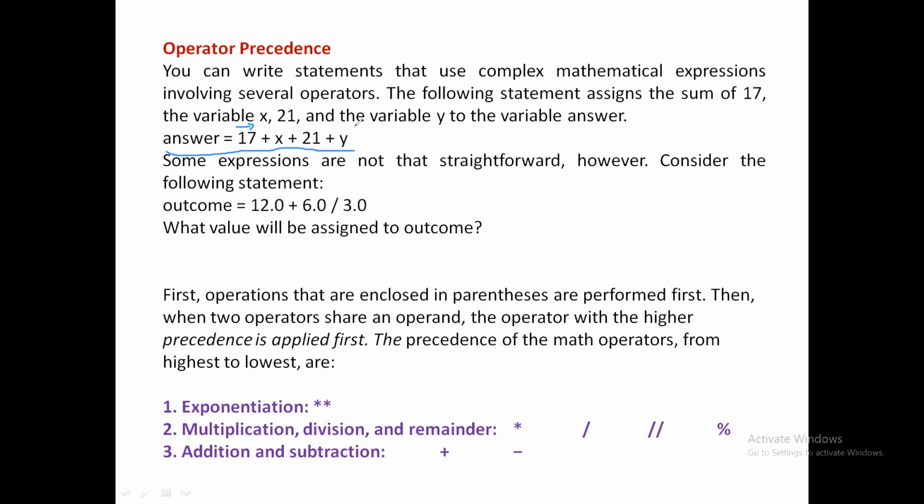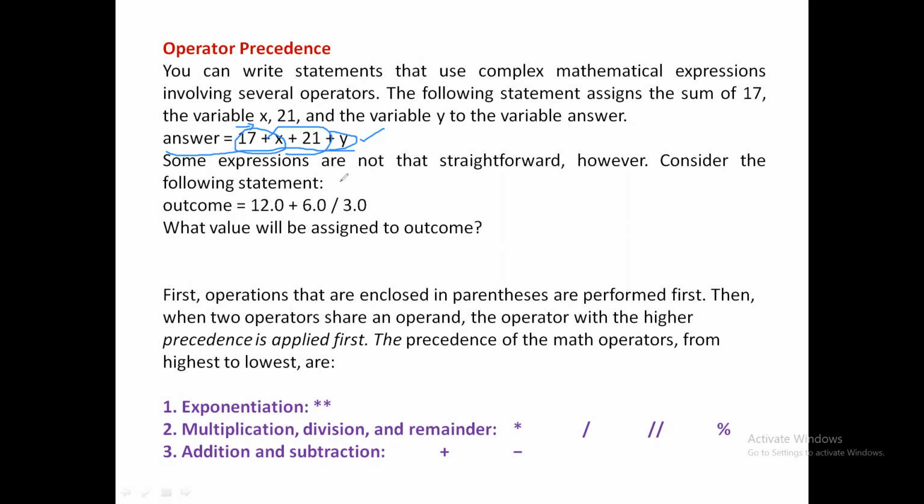That means 17 plus x, and then this result is added with 21, and then the corresponding result is added with y. Because it involves the same operator, you can easily perform the corresponding operation, and the order is from left to right. It does not matter in which order you perform, because every operator is the same and has the same precedence level. That is, the priority level is the same.